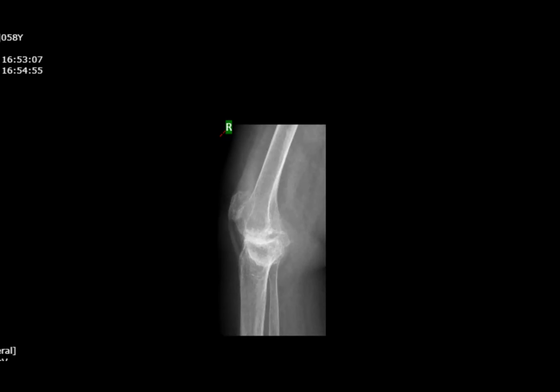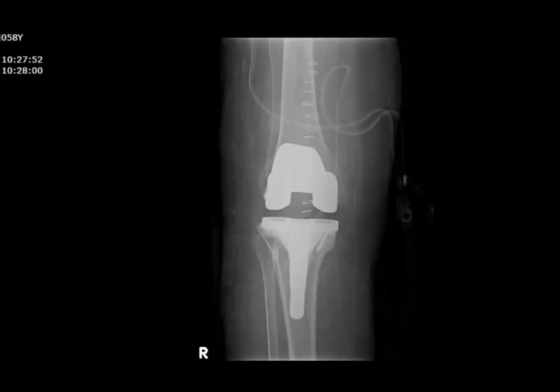But to start with, you are trying to use non-constrained ones. Whenever possible, I will try first to use a cruciate sacrificing one. Cruciate retaining is out of question because of the deformity. And if it is not possible to do it on the table, it's easy to change over to the constrained one.